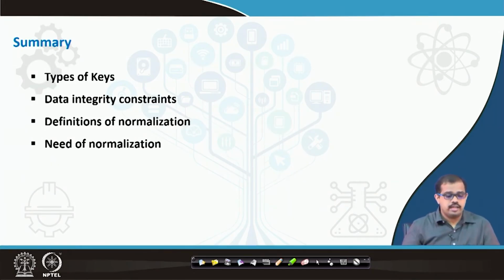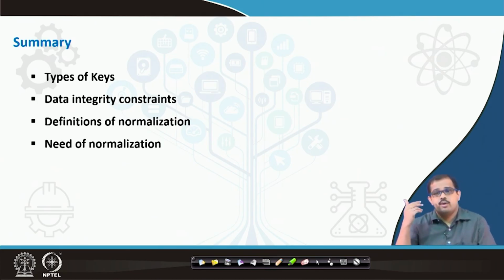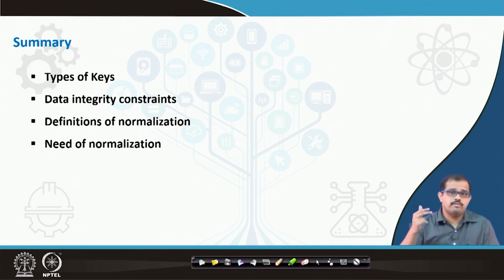So in summary, we have learnt about different types of keys today. We started with the primary key, we looked at foreign key, we looked at what is a technical key, we looked at composite key. We then looked at the integrity constraints in your entire system. Then what we mean by normalization. We defined normalization in terms of storing, maintaining and also querying the entire database.